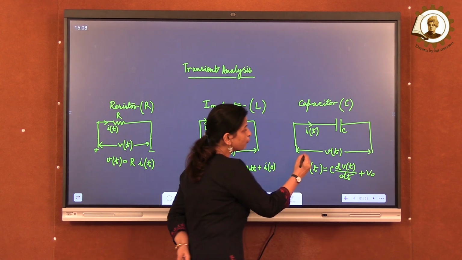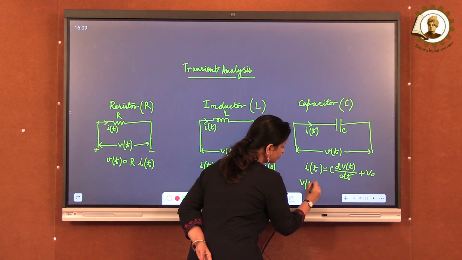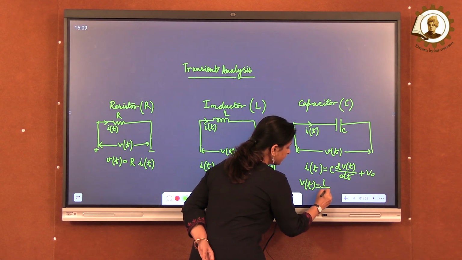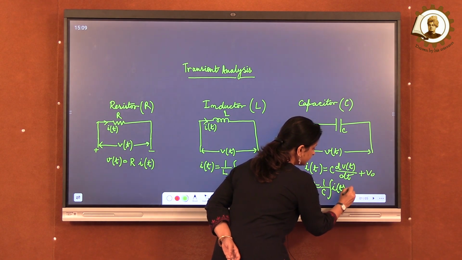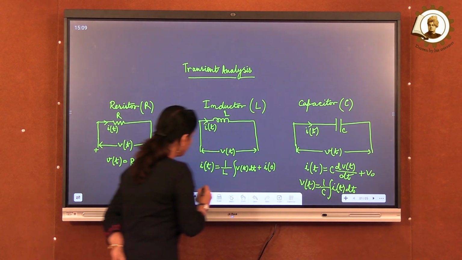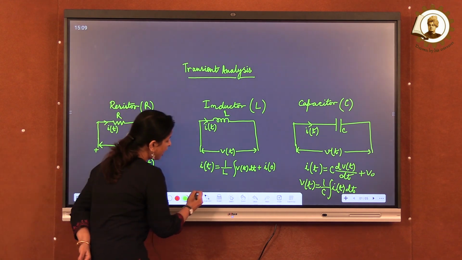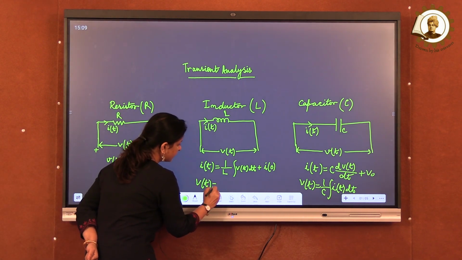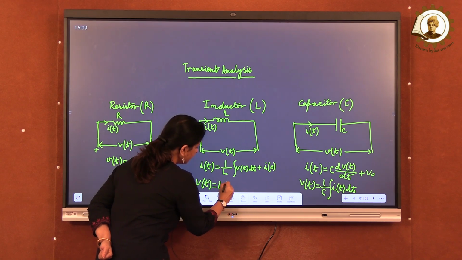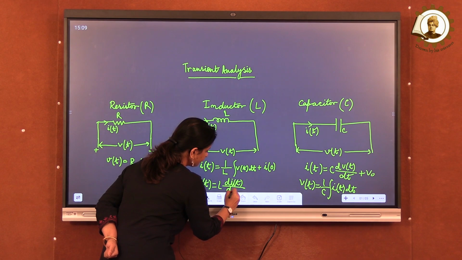Now if we want the voltage across the capacitor, how can we get that? v(t) equals 1 by C integration i(t) dt. And similarly, if we want the voltage across the inductor, the voltage across the inductor is given by L di(t)/dt.